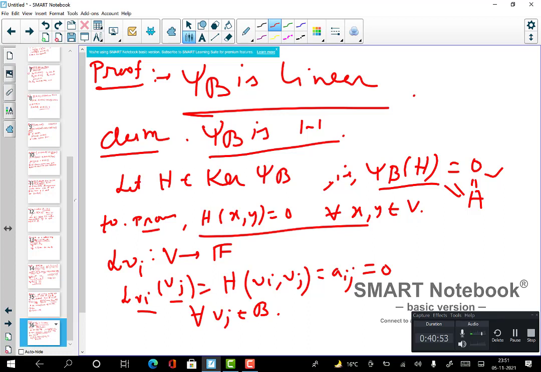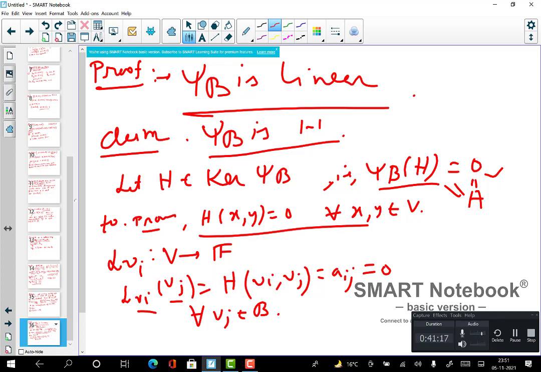We know that L_Vi are linear maps, and if a linear map vanishes over the basis vectors, then the linear map must be a zero map. Sorry, this is not a linear operator, this is a linear functional.